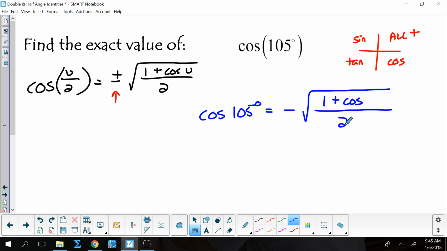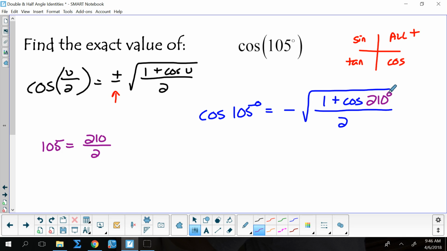Then I'm going to say to myself, self, 105 is 210 divided by 2. Right? So my angle that I'm going to use in my formula is 210 degrees. And now that's on my unit circle.